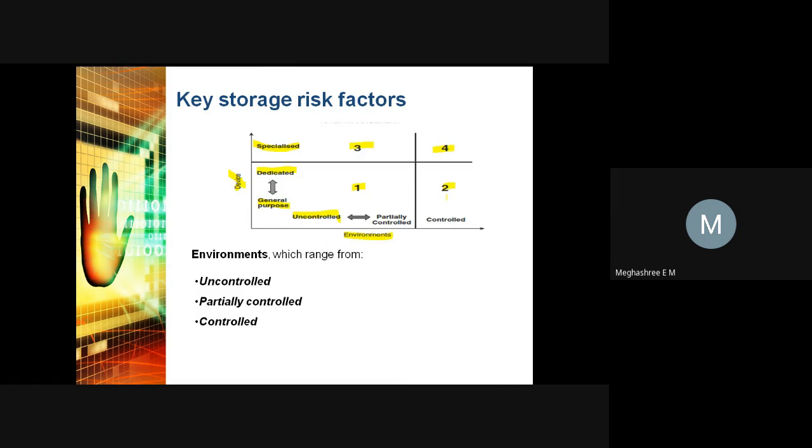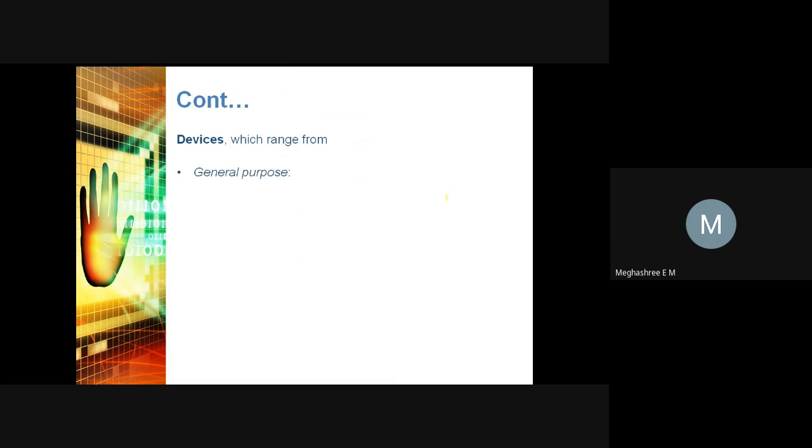Next, with respect to devices, they range from general purpose to dedicated and specialized. General purpose devices run a conventional operating system with default inbuilt security controls, for example a laptop. Dedicated devices offer some specialist security controls such as limited tamper resistance, for example a mobile phone.